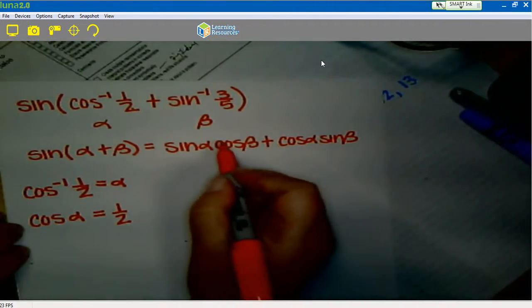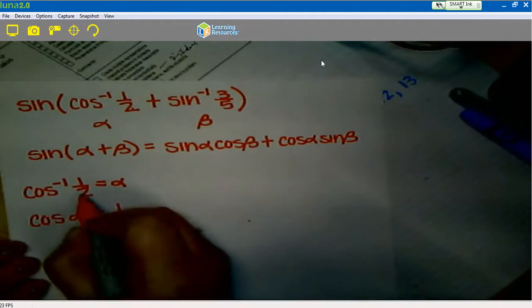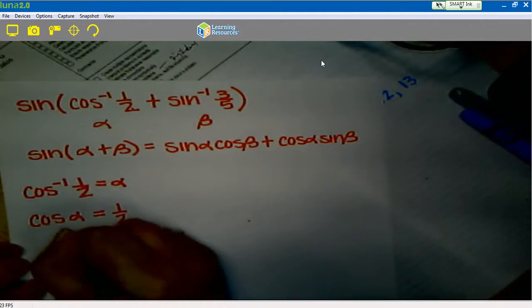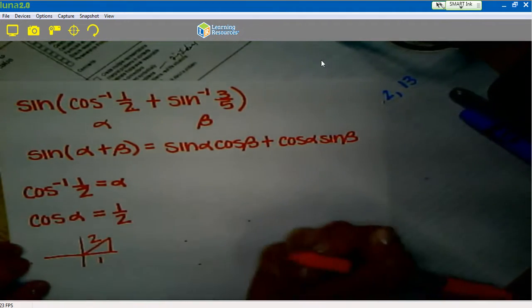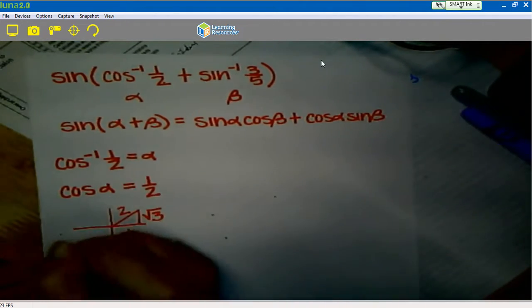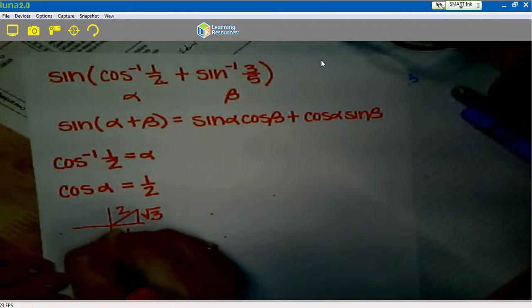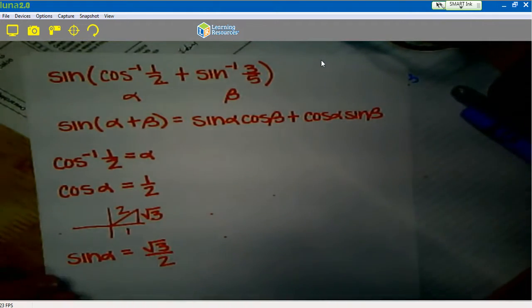Because we're going to need a sine of alpha here. Well, inverse cosine, it's positive, so we're restricted to quadrant 1. Well, this is one of our special right triangles, so this is the square root of 3. So that means that the sine of alpha is square root of 3 over 2.